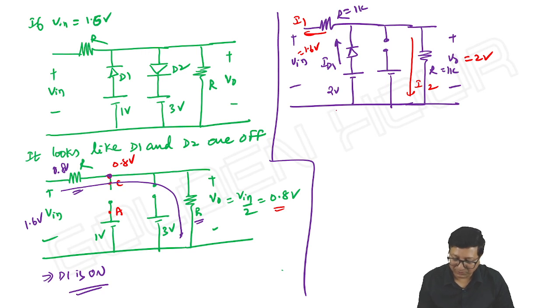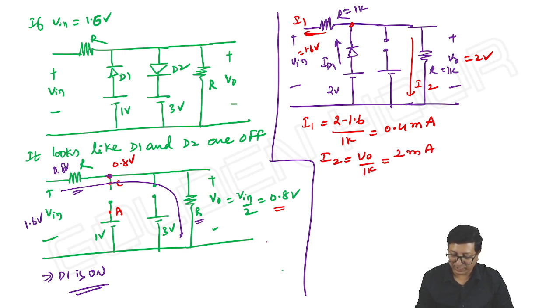So what about I1? I1 is equal to output 2 minus 1.6 by 1 kilo ohm, it is 0.4 milliampere. And what about I2? Output by 1 kilo ohm, that is 2 milliampere. Then what about ID1? ID1 is equal to I1 plus I2.